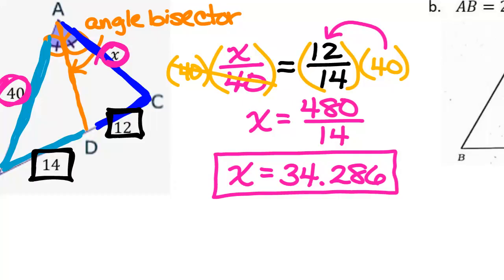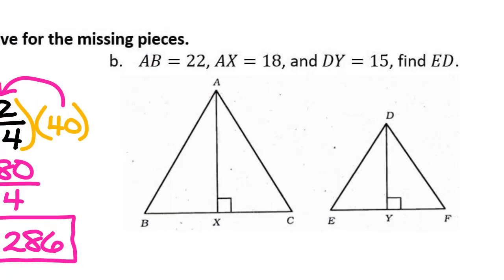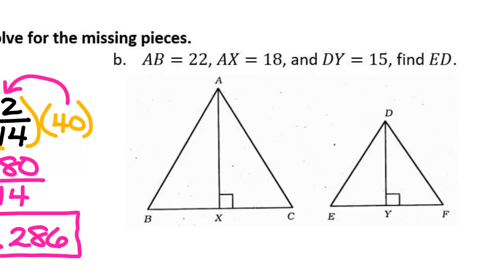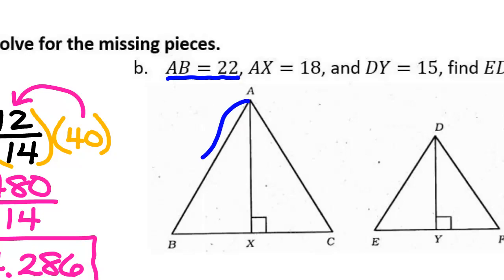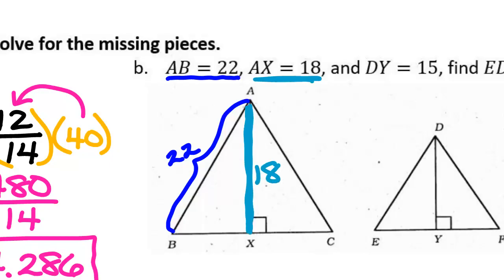All right, let's do part B. On part B, it tells me that AB is 22. So this right here is 22. AX is 18. So AX is this right here. What would we call that? I notice it's making a right angle at the bottom. This is an altitude.